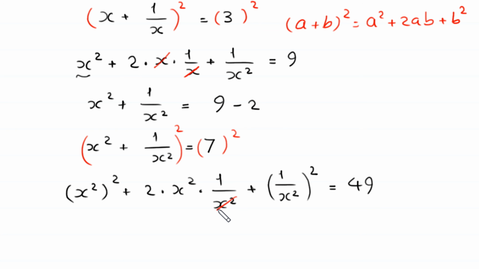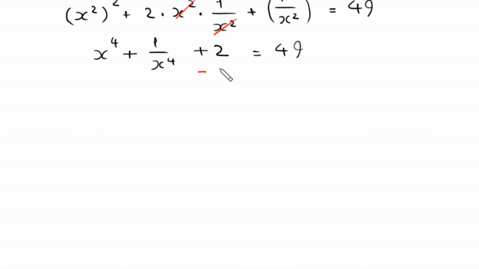Now this x squared will be cancelled out with this x squared. This x squared whole squared will become x to the power 4 plus this 1 over x squared whole squared will become 1 over x to the power 4 plus this 2 is equal to 49.